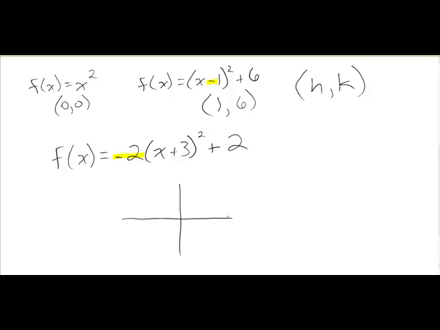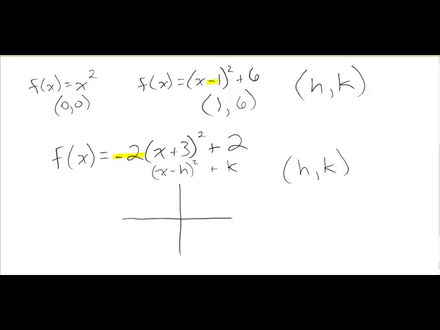Let's figure out where our vertex is. Well, remember the formula is x minus h squared plus k, and my vertex is located at h, k. So what is h and k in this case? h you have to think about with the opposite sign. It's the one that confuses people, because there's a minus sign in the formula, but if I look at my equation, it's x plus 3.